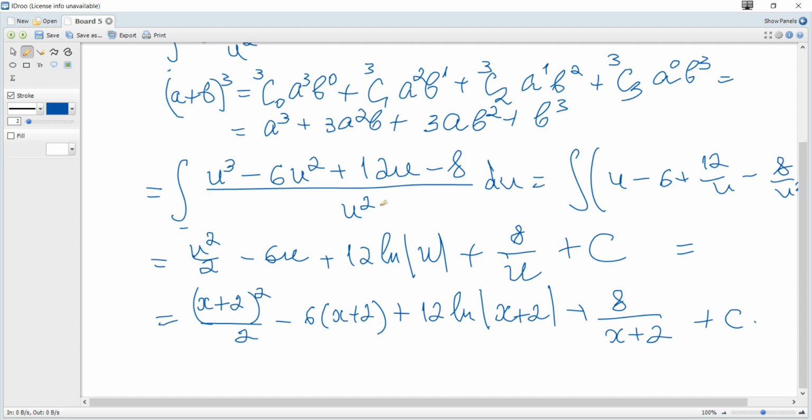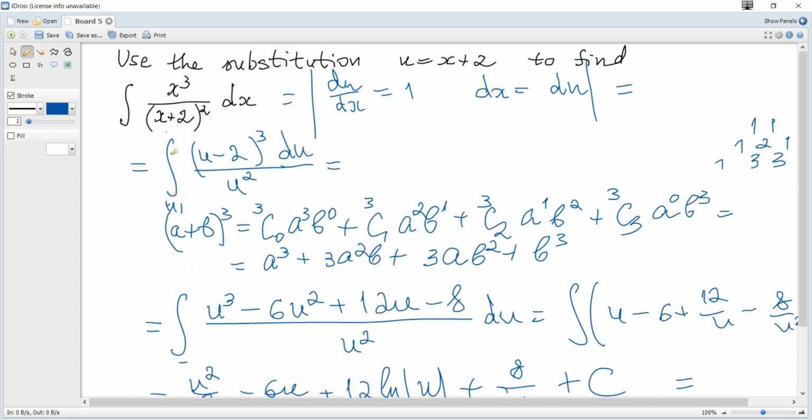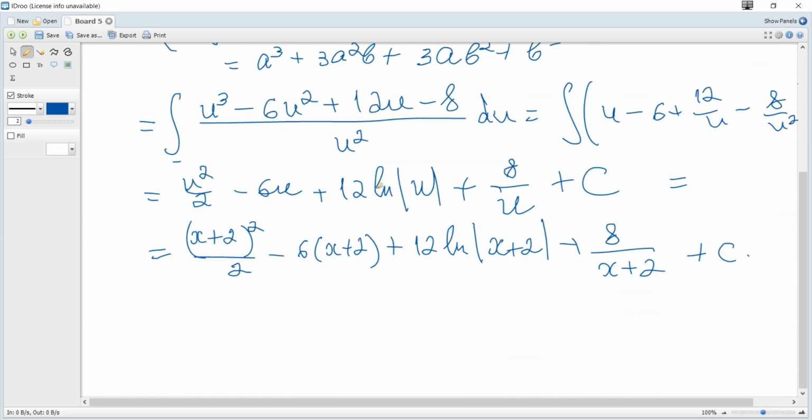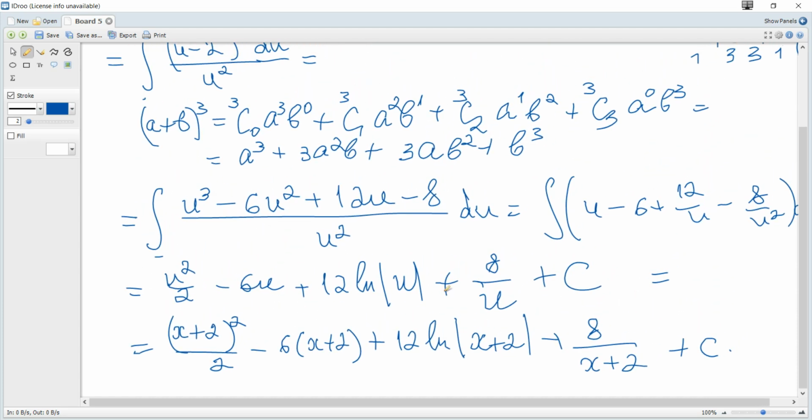Or you can write here just u1, u2, and when you get the answer in terms of x, you substitute limits here in terms of x and calculate. So it's the answer, and that's all for this question.